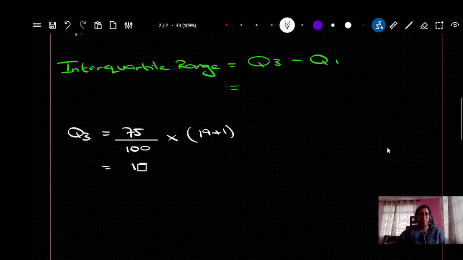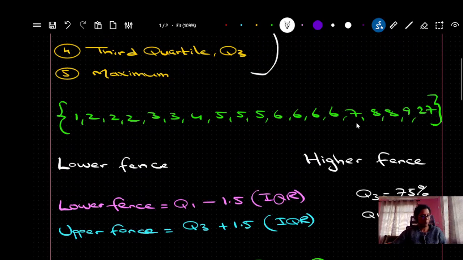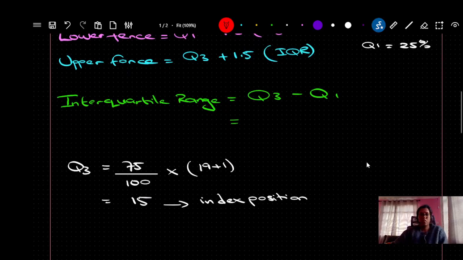Okay? Here, 15 is the index position. Now, let us see 15: 1, 2, 3, 4, 5, 6, 7, 8, 9, 10, 11, 12, 13, 14, 15. 15 is number 7 in the dataset. So Q3 is 7.